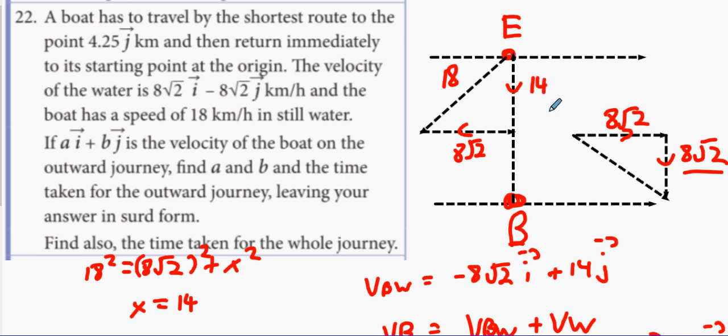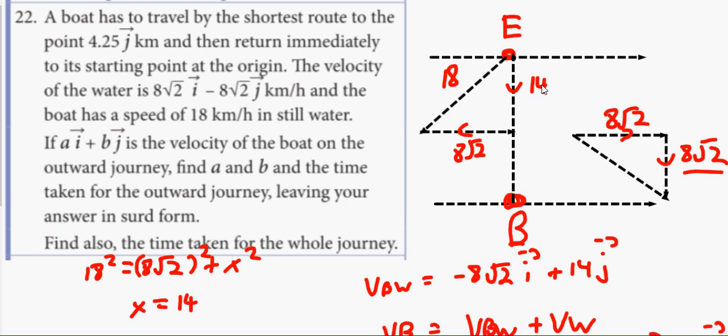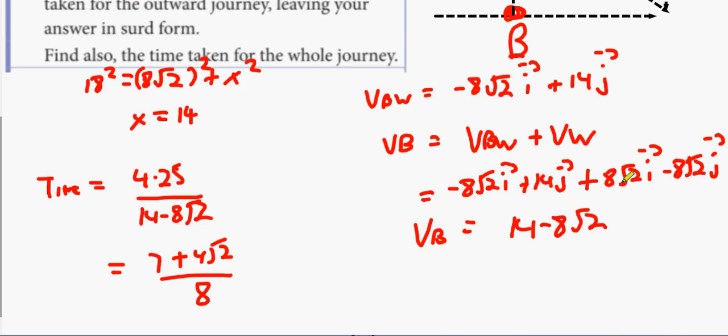14. Is that okay? Now, this time, unlike last time, it's going to be 14 plus 8 root 2. Last time it was 14 minus 8 root 2 because the j components of the river and the boat were going in opposite directions. So this time the velocity of your boat is actually going to be 14 plus 8 root 2 because it's going in the same direction.